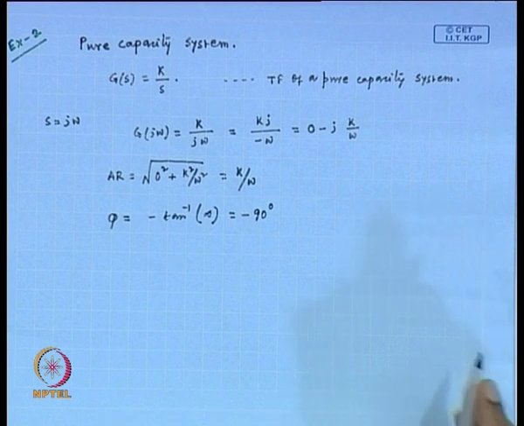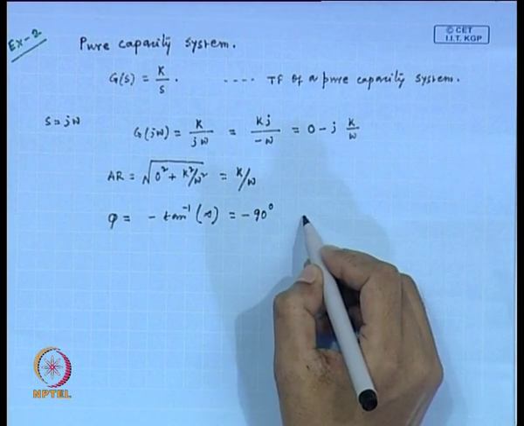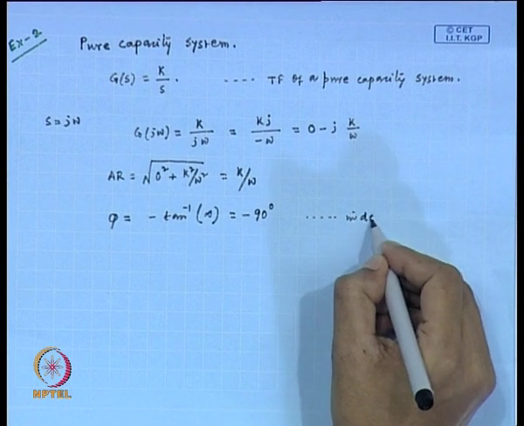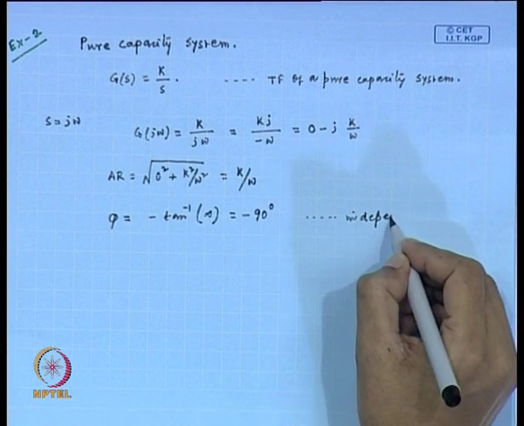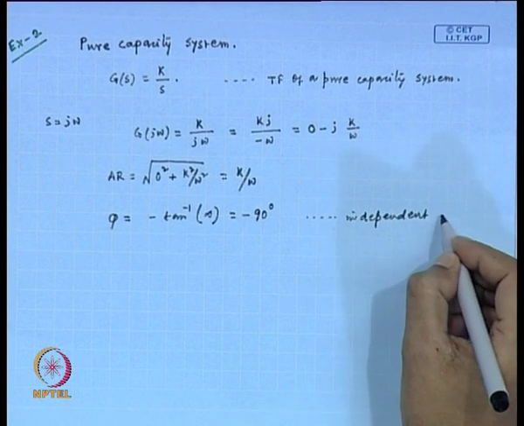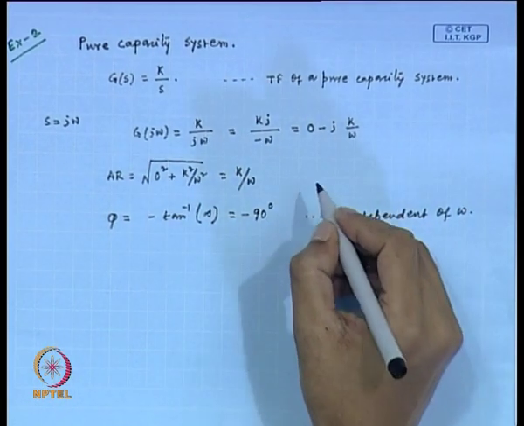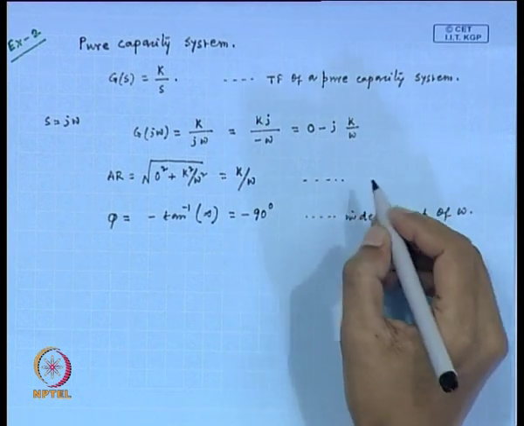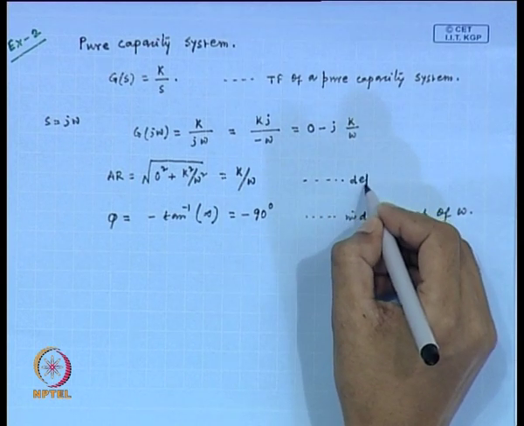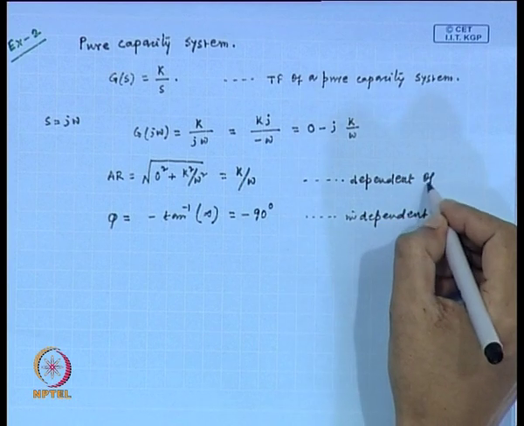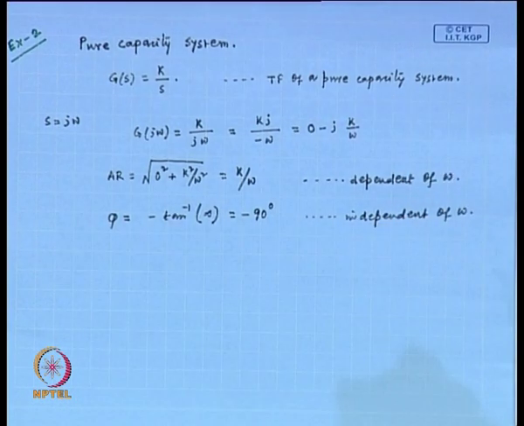Fine. Now, it is obvious that this phi is independent of omega, but this amplitude ratio is dependent of omega.